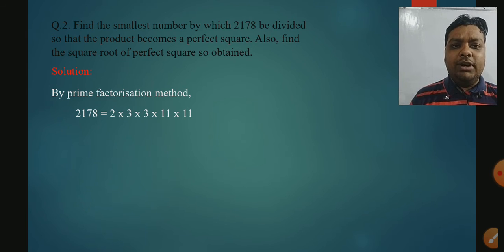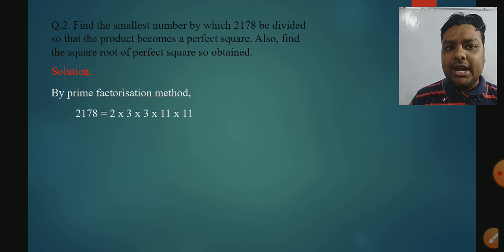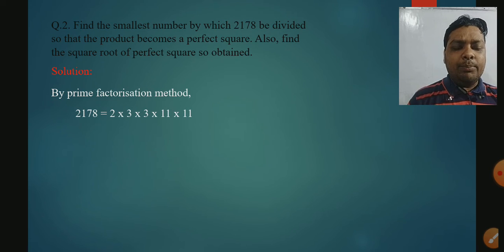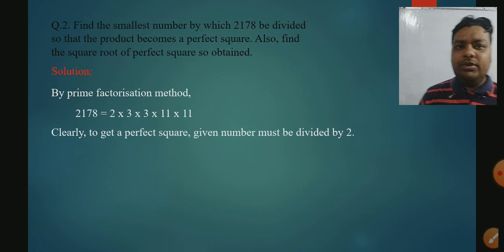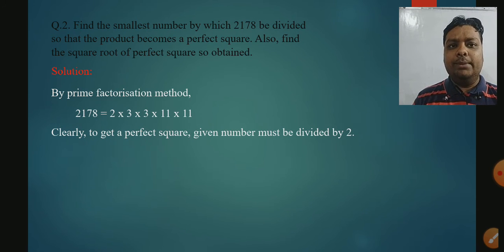If we divide the whole number 2178 by 2, then all the factors will be in pairs. So we have to divide the given number 2178 by 2 to get a perfect square. The smallest number will be 2.